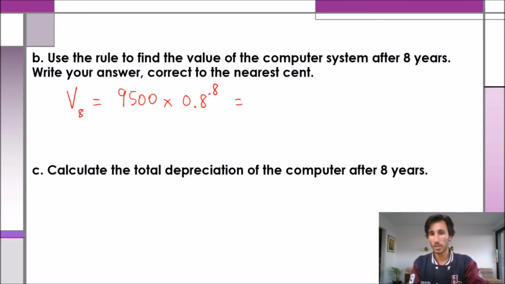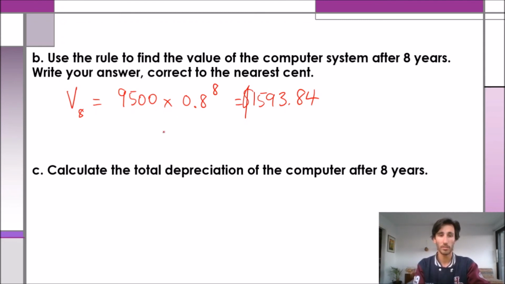Now if you type that into your calculator, you'll get something that looks like $1,593 and rounded to the nearest cent, $84. So notice as well that I swapped the order here. It doesn't matter which order you put it, as long as you've got the numbers. So here, this is R, that's N, this is R, this is V0. So that's where all these numbers come from.